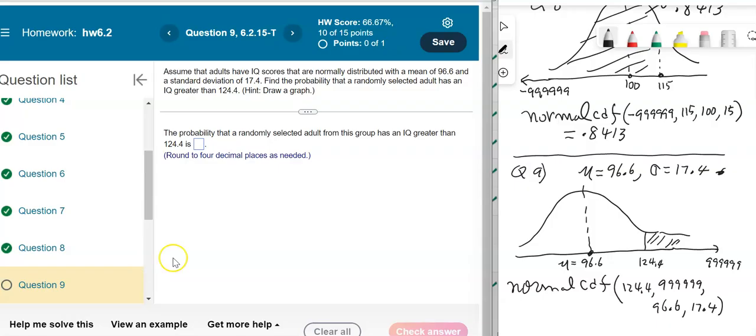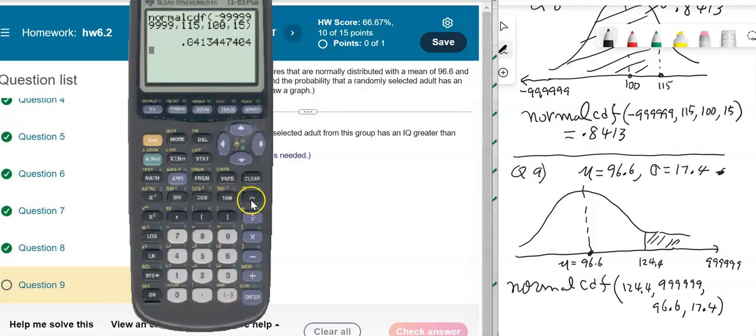So second bars, normal CDF, 124.4, comma, 999,999, comma, 96.6, comma, 17.4.